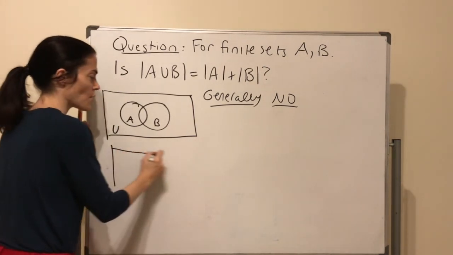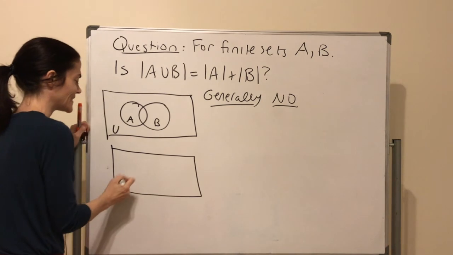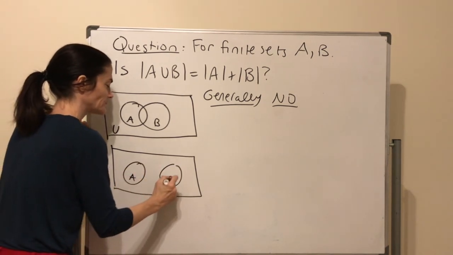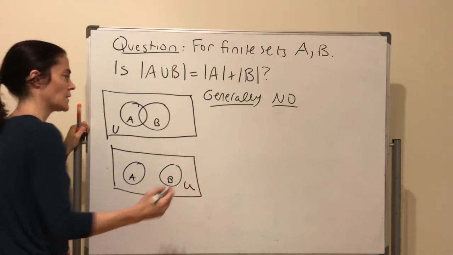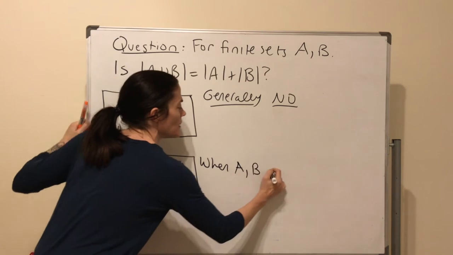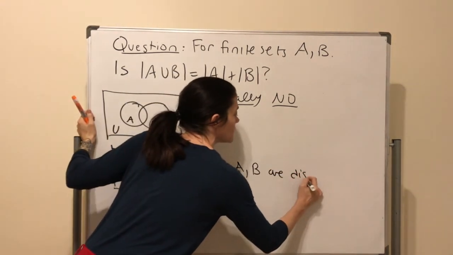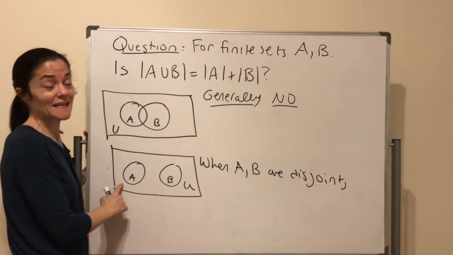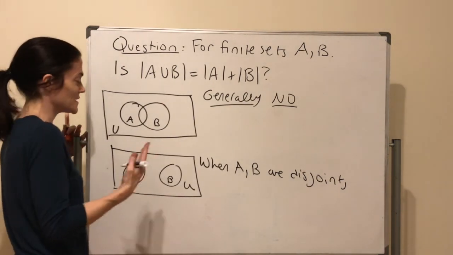Let me show you though what the Venn diagram looks like. It would be like this. So when sets A and B are disjoint, which is what we see in this picture, then it's wonderful.